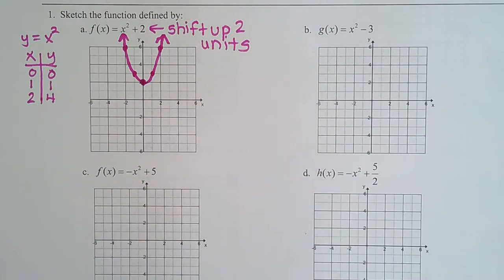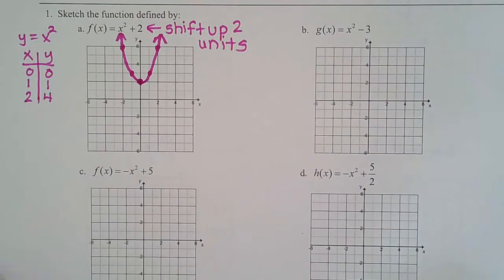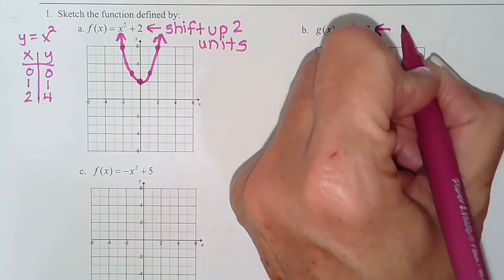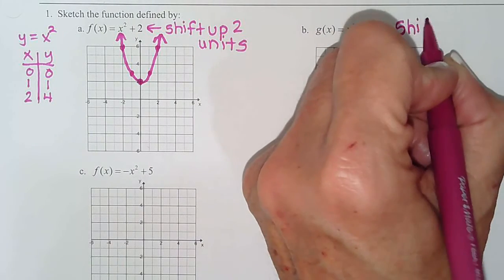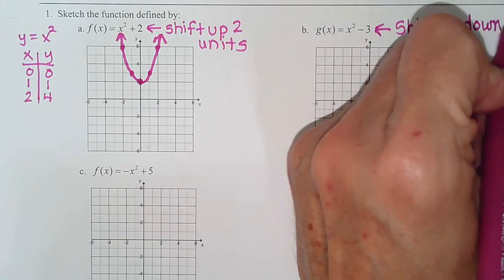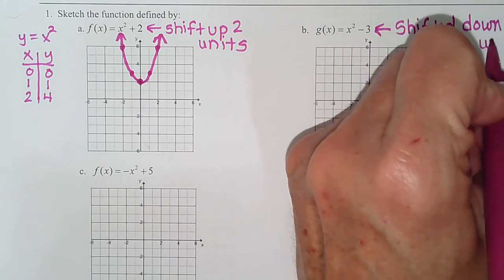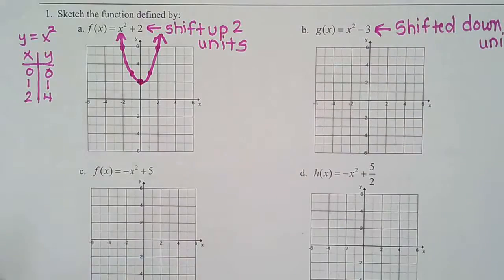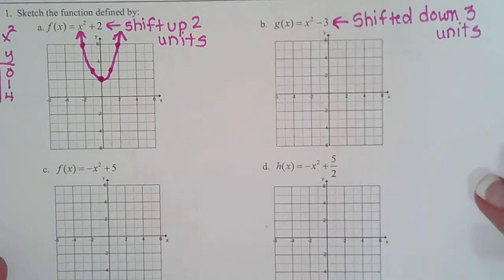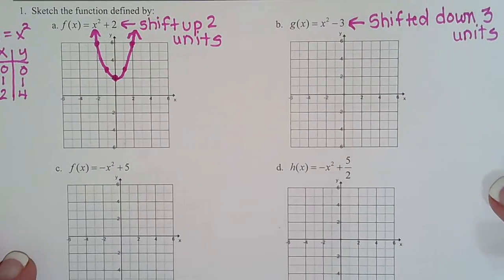So let's do one more, and then you guys can try a couple. So this one is shifted down 3 units. So I take the mother function, whose vertex is at 0, 0, remember?